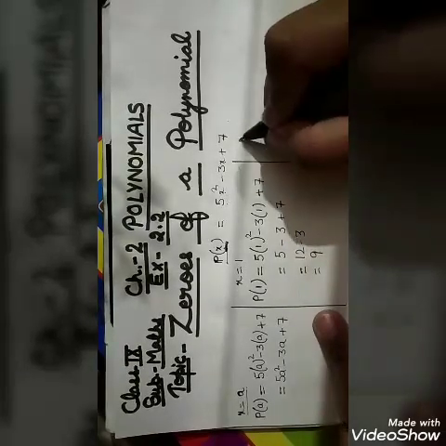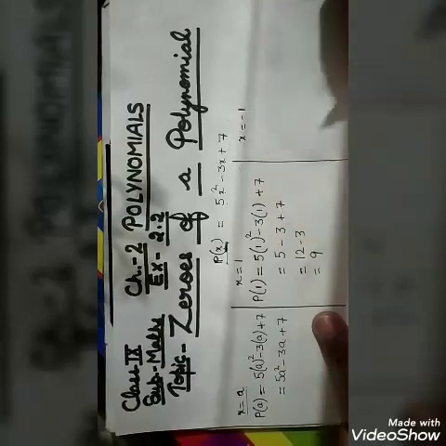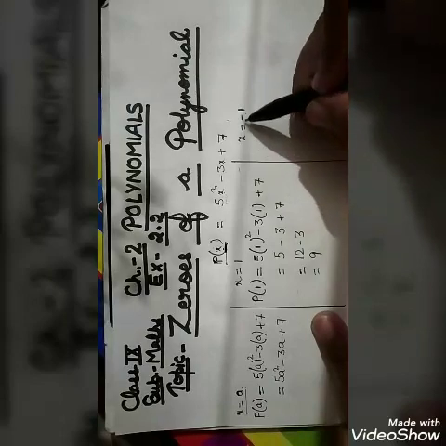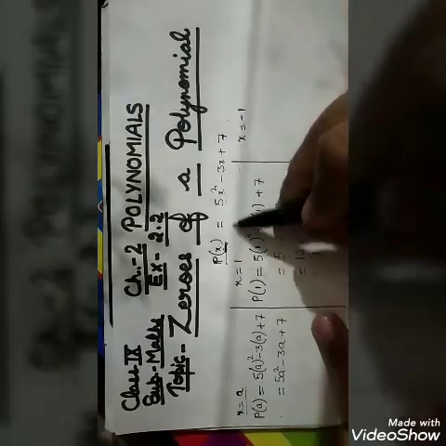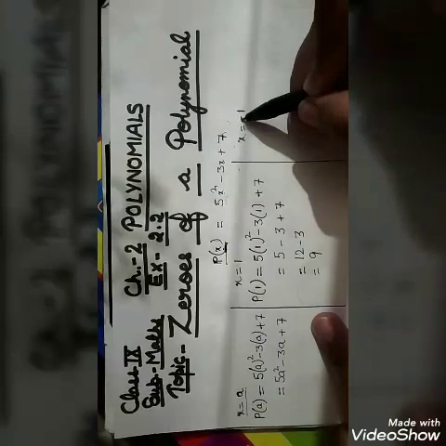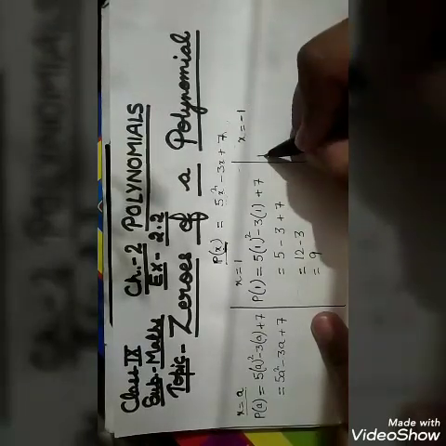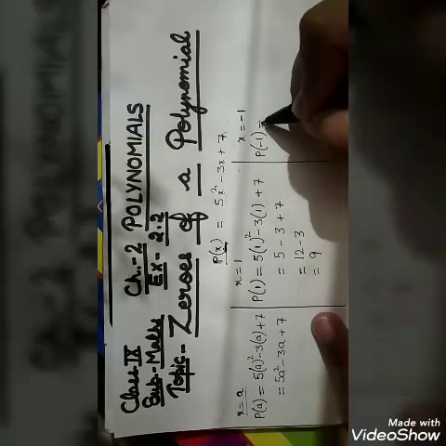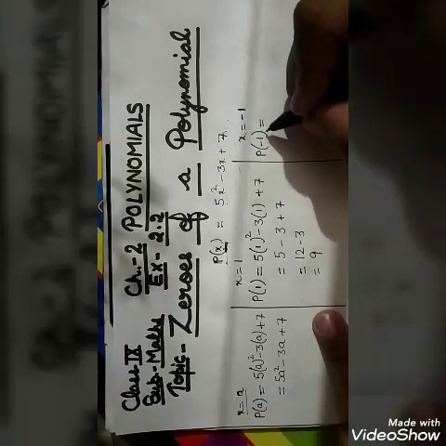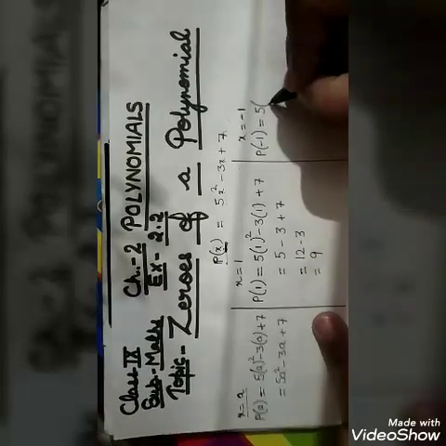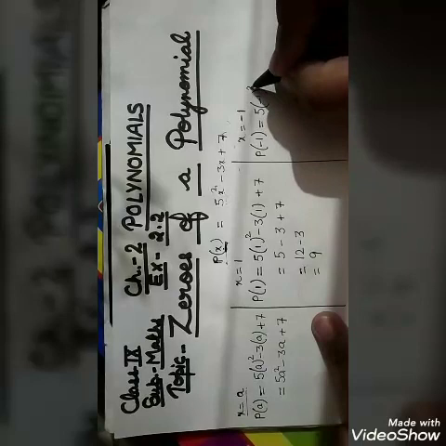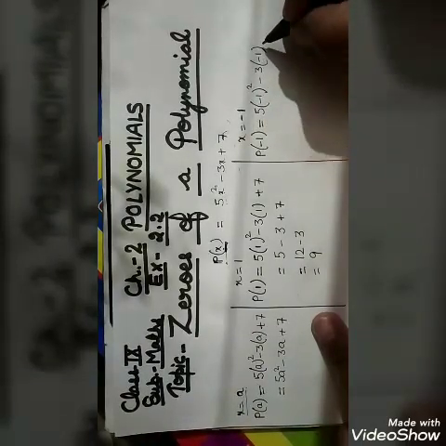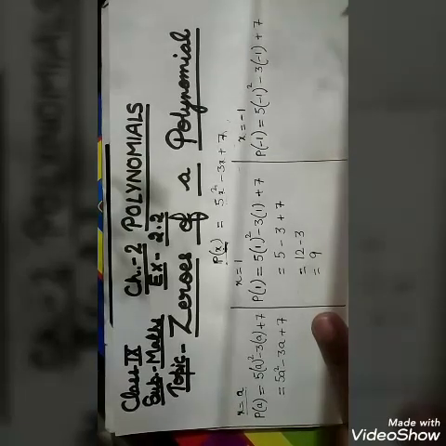Now at x = -1. We are finding the value of this polynomial at x = -1, so we will write it as p(-1). And p(-1) will be equal to 5 multiplied by (-1)² - 3 into -1 + 7.